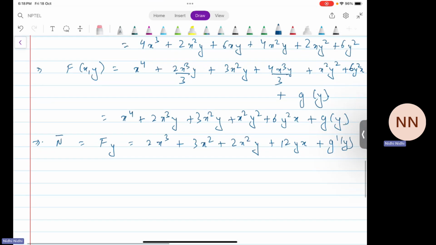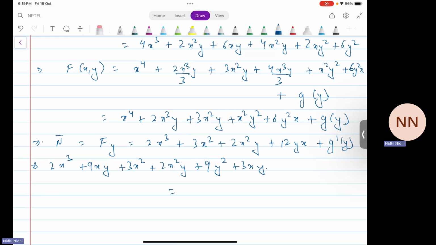Now we already know that n bar is equal to, if you just simplify x plus 1, x plus y times 2x square plus 9y plus 3x, you will get 2x cubed plus 9xy plus 3x square plus 2x square y plus 9y square plus 3xy.